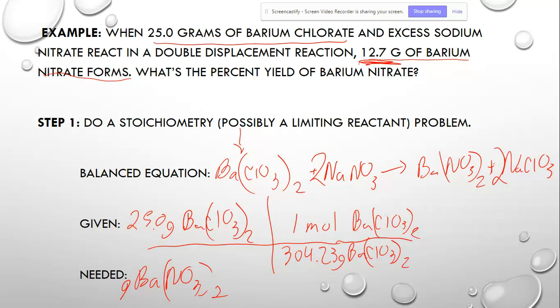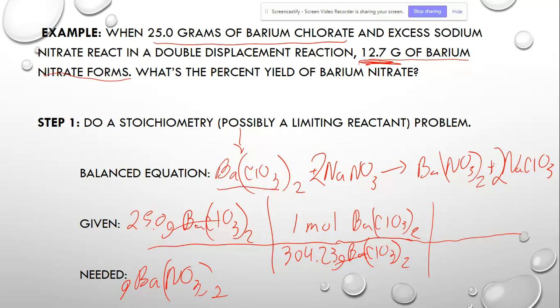All right, so that gets rid of grams, and now we have moles. If you look at our little pathway, we've used the periodic table to get into moles of one substance. Now we can use the balanced equation to get from the substance we start with to the substance we're trying to get to, which in this case is barium nitrate.